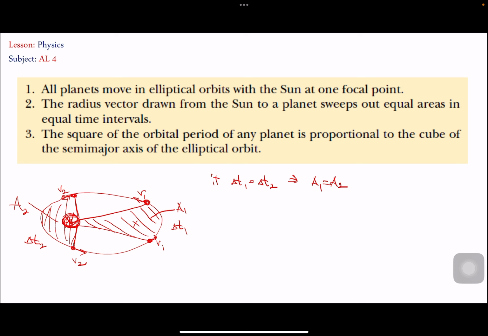And the third one we'll also calculate. We will see the scientific method of this. The square of the orbital period of a planet is proportional to the cube of the semi-major axis of the elliptical orbit. What does it mean?